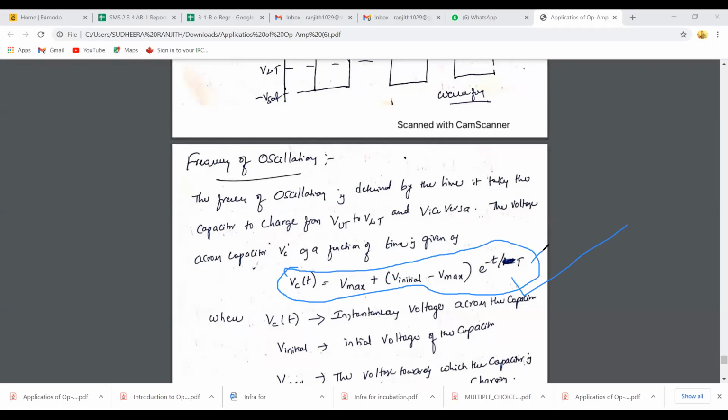Do you remember? Here Vc of t is the instantaneous voltage across the capacitor, V initial is the initial voltage of the capacitor, and V max is the voltage towards which the capacitor is charging.